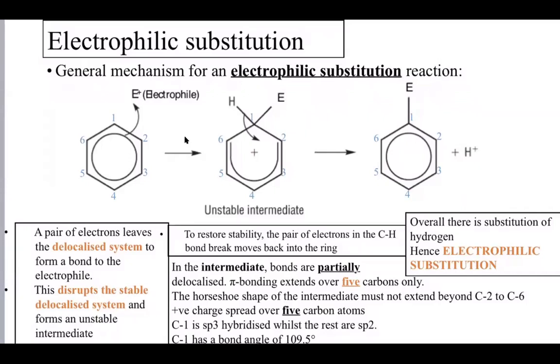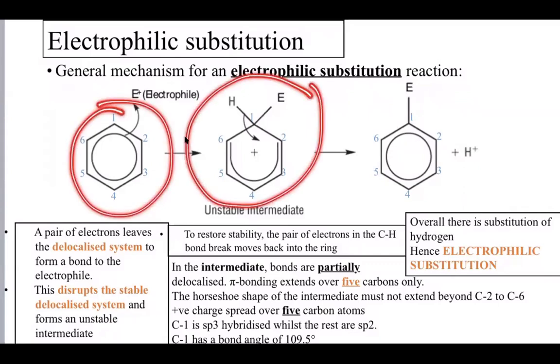In this case, all your carbon 1 to carbon 6 are sp2 hybridized. In the intermediate, this is a very unstable intermediate, as I said, because you're breaking the delocalization. Delocalization is a stable system.